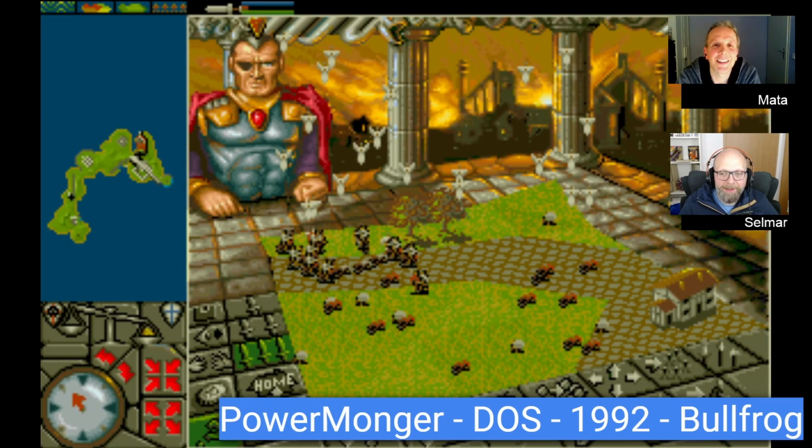Powermonger. Yes. You mentioned Populous, but I was never a fan of Populous. I quite liked Powermonger because obviously all the details there. If there are birds flying from your army, maybe there's a trader in there signaling with some doves or stuff like that where your army is, and these little details.